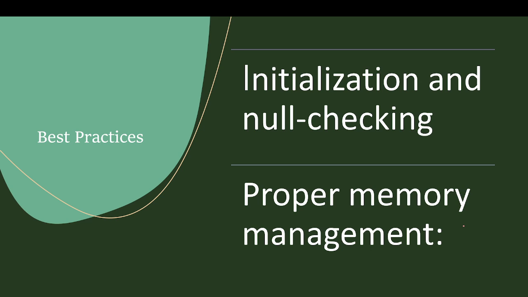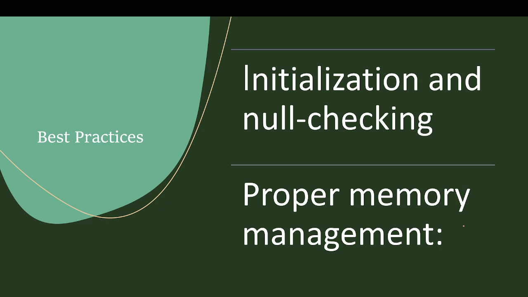So, the best practice to avoid these pitfalls is to always initialize the pointers before using them to prevent undefined behavior and unexpected results. Check for null before dereferencing pointers to avoid crashes and handle cases where memory allocation fails.